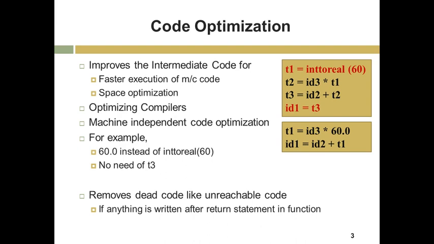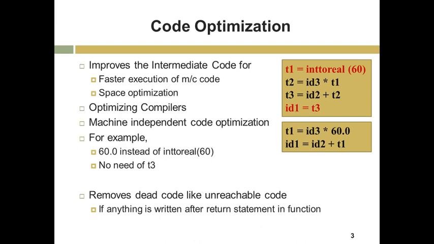So first, 60 is converted to 60.0. So there is no need of taking a temporary value at that point. Directly the first two statements will be converted to T1 is equal to ID3 into 60.0. This will make the execution a little bit faster as it avoids the function call.